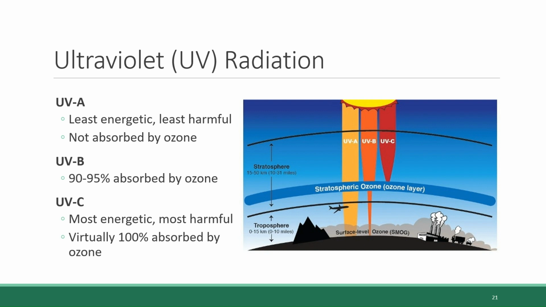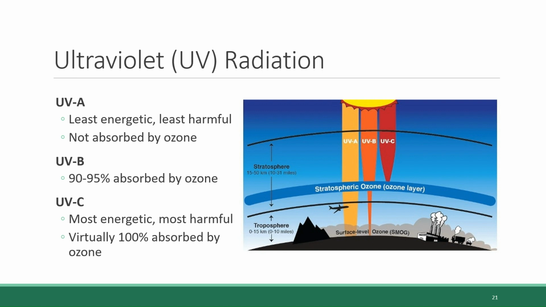It's the most energetic and most harmful. This is the one shown in red on the right. But thankfully, the ozone layer absorbs virtually 100% of the UVC and buffers the surface of the Earth from exposure to it. So, the bottom line is that the sun is throwing out all sorts of harmful radiation, and the ozone layer blocks the worst of it, which makes it possible for life on Earth to carry on.